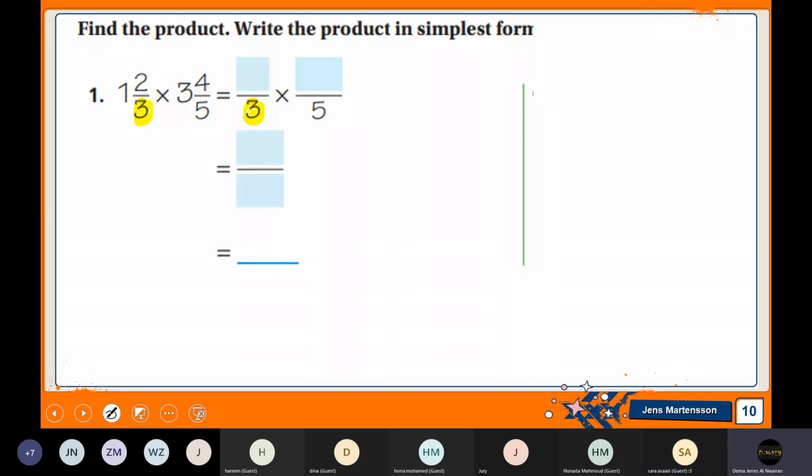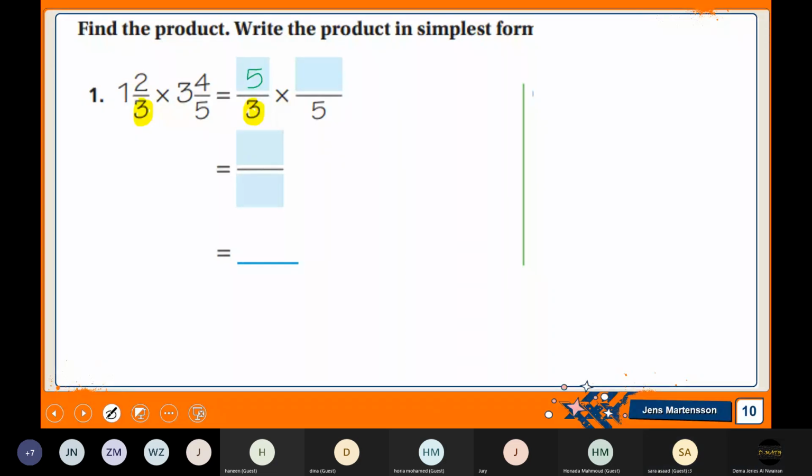First, you have to multiply the whole number with the denominator. 1 times 3 equals 3, and now 3 plus 2 will be 5. 5 over 3. Bravo.